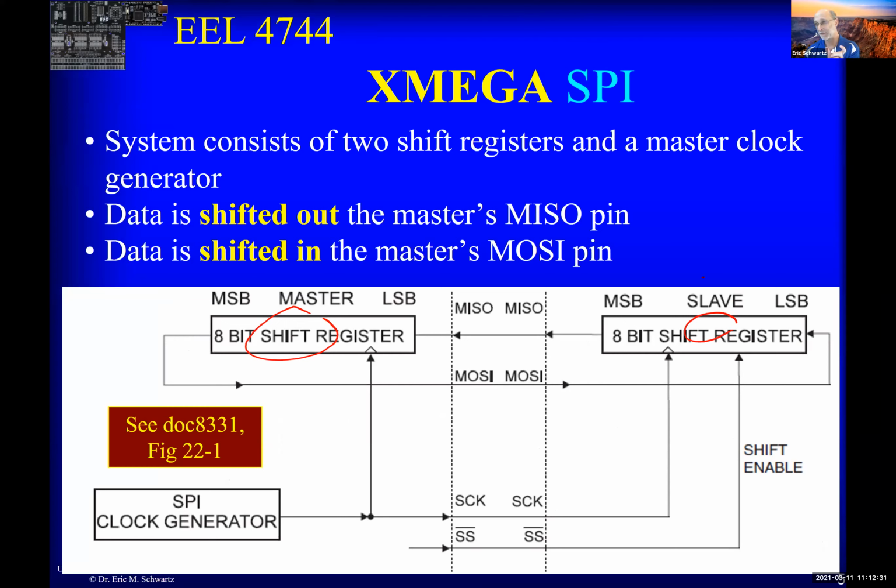The information that you're trying to transmit, you stick in that shift register, and it starts going out. When the 8 bit times are done, that same register will now have the slave information, the information that was received. So you can think of it as 2 registers, but it could also be done with a single shift register.